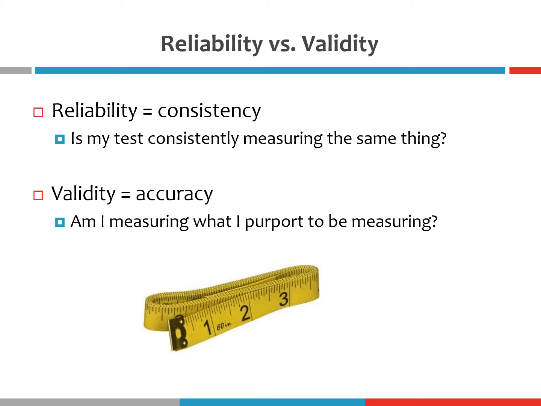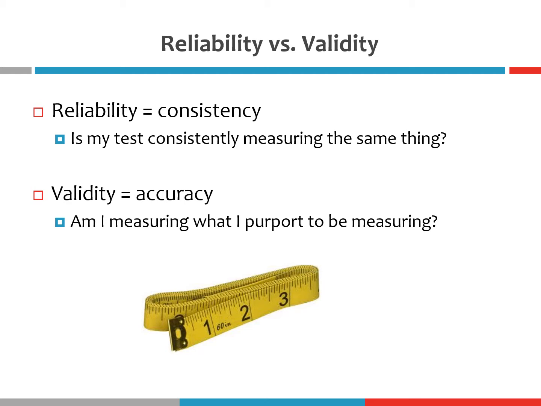So we would say that using a tape measure to measure the circumference of the head is a highly consistent or reliable measure, right? You get the same number over and over again, no matter how many times you collect it, right? So that suggests that your measurement instrument is reliable, okay?